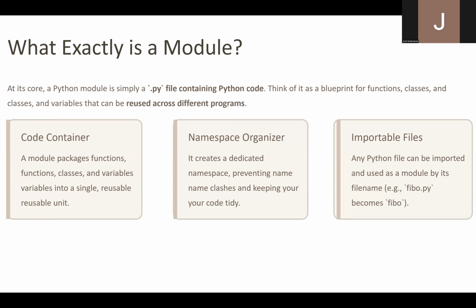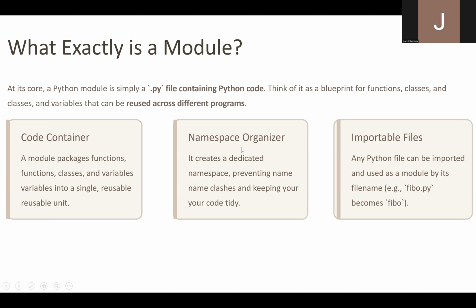Basically, a module is a simple Python file which contains Python code. It may be a package of Python functions, classes, and variables combined together in a single unit called a code container, which is nothing but your module. Basically, this is used for containing the code. It acts as a code container.